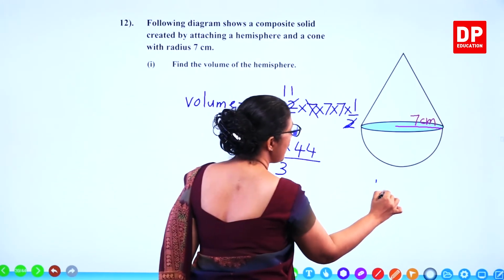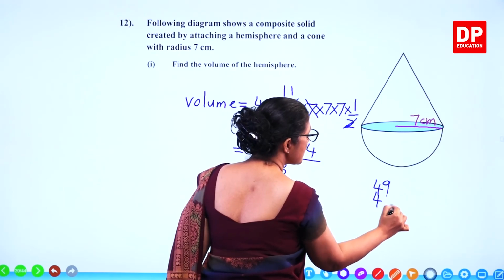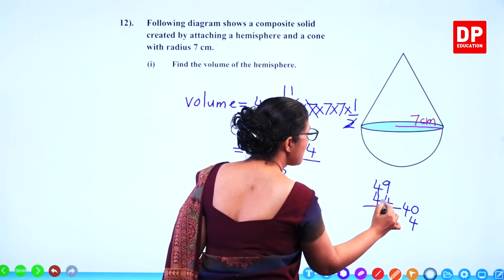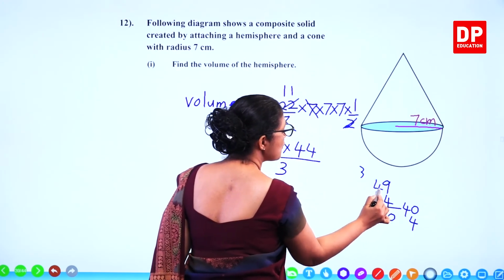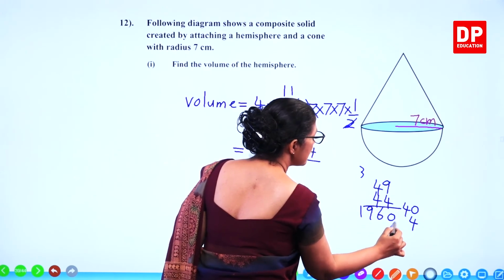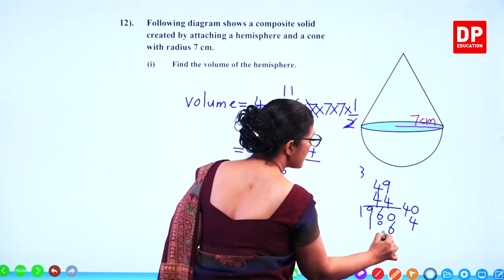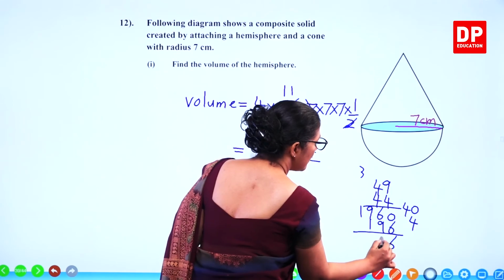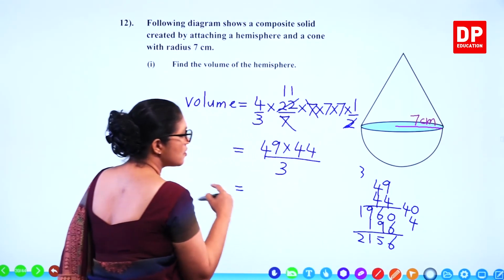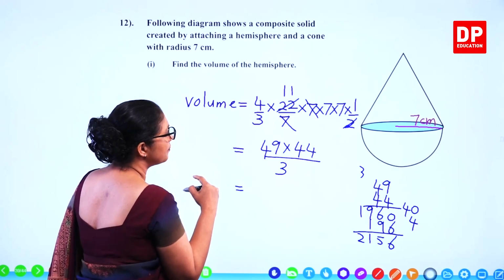So we'll multiply 49 times 44 first. 4 times 9, 36. 4 times 4, 16 plus 3, 19. 4 times 9, here 36, 196. 2156.